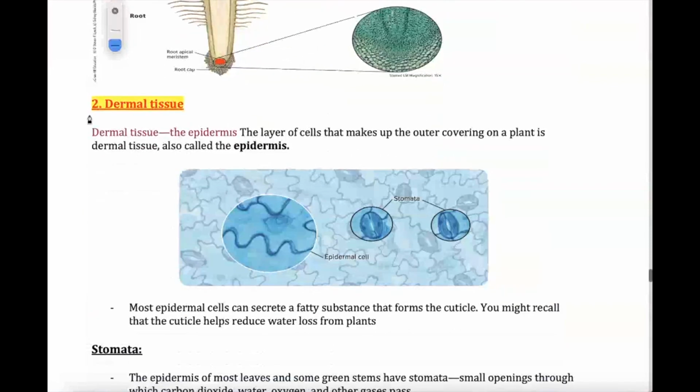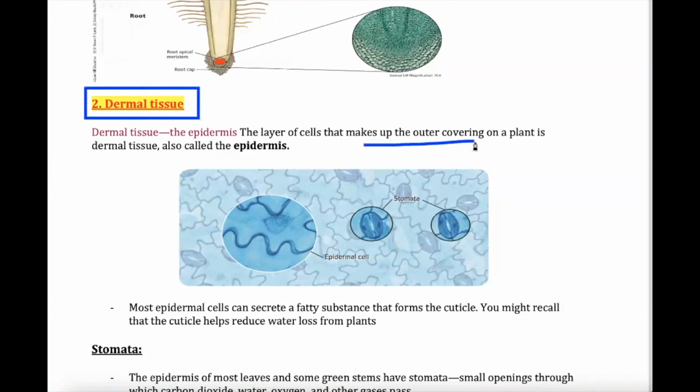Next tissue, boys: dermal tissue. Derm is for skin. It means that dermal tissue is the type of tissue that makes up the outer covering of the plant, and that is called the epidermis, the layer of cells that makes up the outer covering.